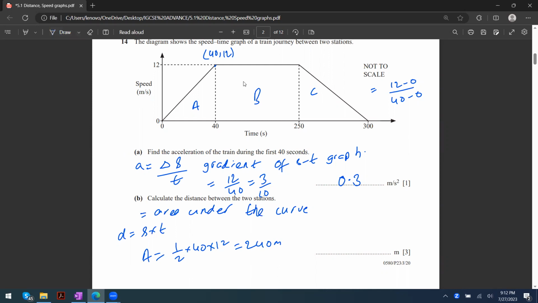Let's find B. B is a rectangle, so 250 minus 40 times 12, 2520. And C is again a triangle.